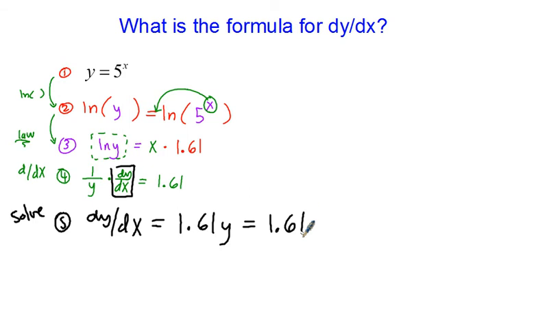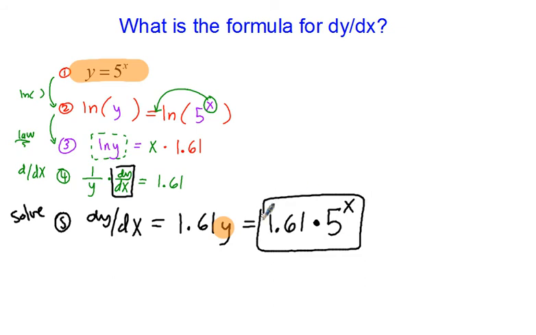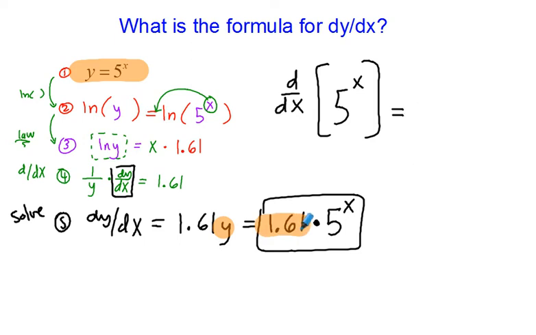So let me go back to this guy, which tells us that y is equal to 5 to the x. So I can just take out y and write 5 to the x in its place. All right, so in summary, we have the derivative of 5 to the x is equal to 1.61 times 5 to the x.